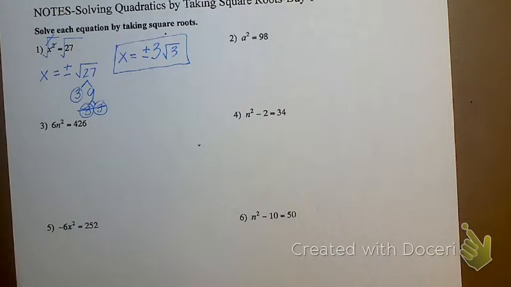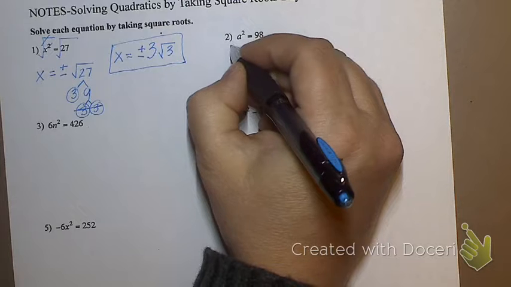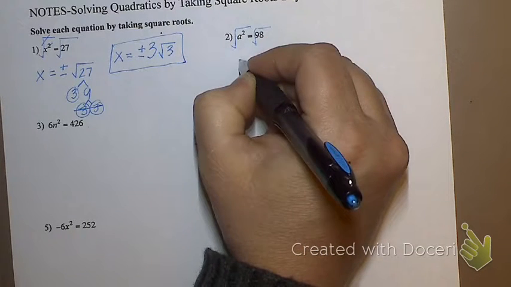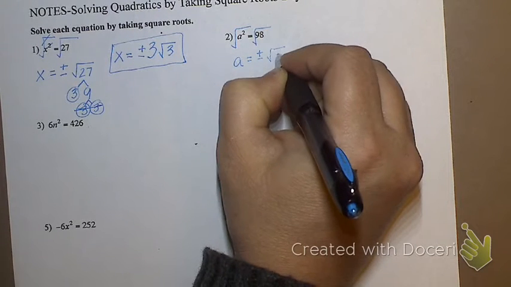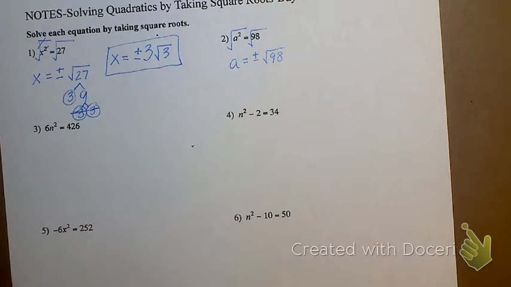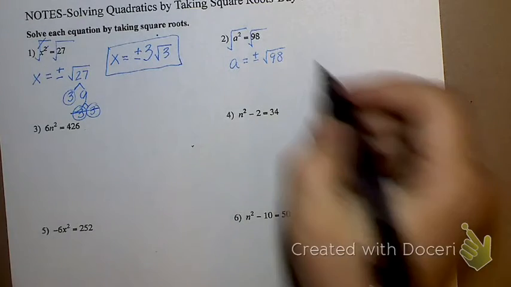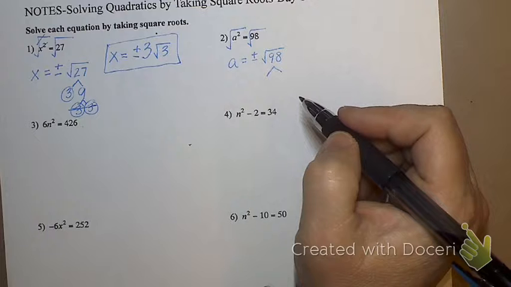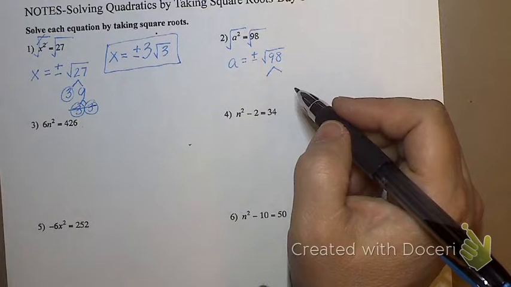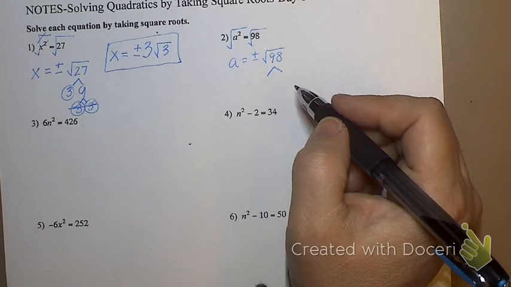Okay, so number 2, I don't have x this time, I have an a, but is a squared by itself? So what do I do? Square root both sides, remembering to put what in the problem then? Plus or minus. Am I done when I just do that? What do I need to do? Draw a tree, right? If I just plug into my calculator the square root of 98, it's probably not a nice number. But I need to draw a tree.